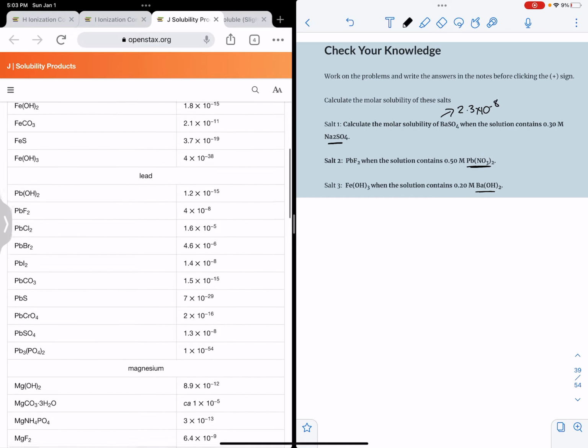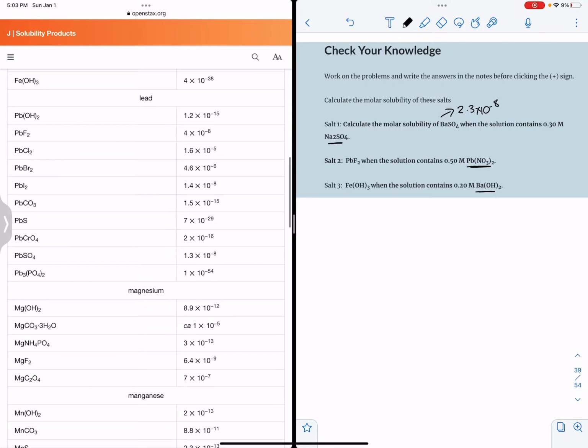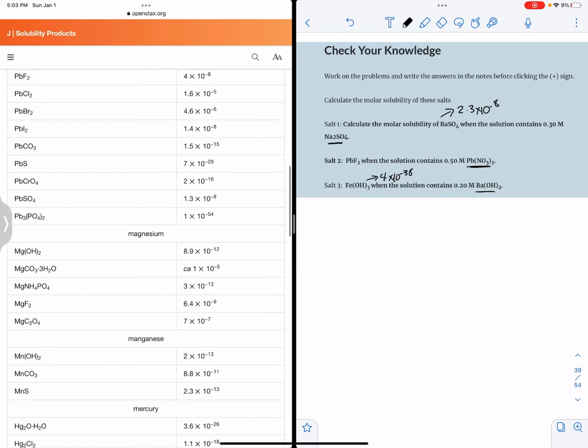So here's iron, Fe. I need Fe(OH)3. So that's this one. That one is 4 times 10 to the minus 38th. And then lead is right below it, 4 times 10 to the minus 8th.